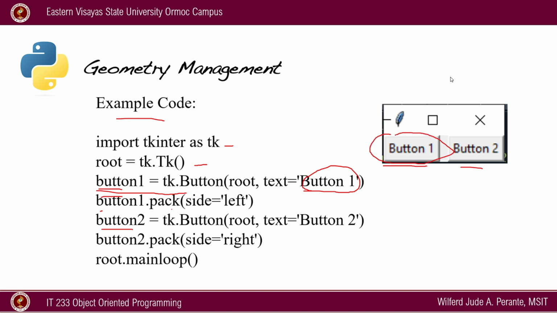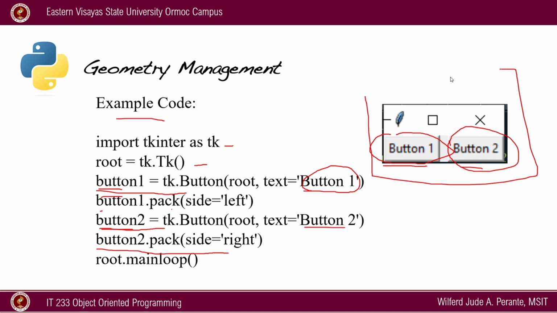On button 2, we create a button which is labeled button 2, and it places our button 2 on the right side of our window. So when you run this code, it will display like this, and these two buttons will be positioned on the opposite sides of the window.